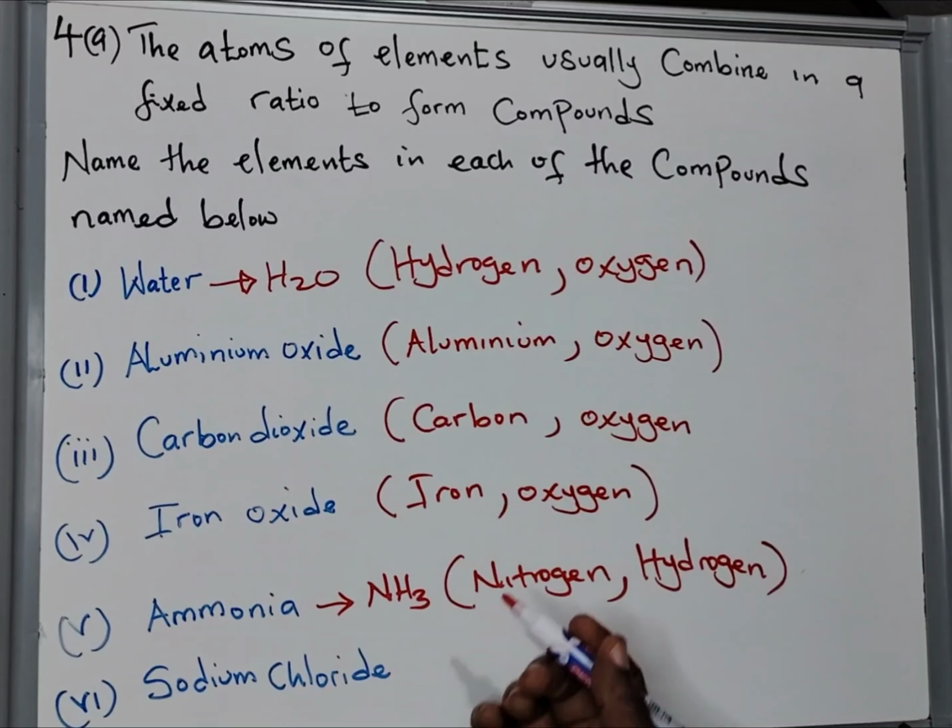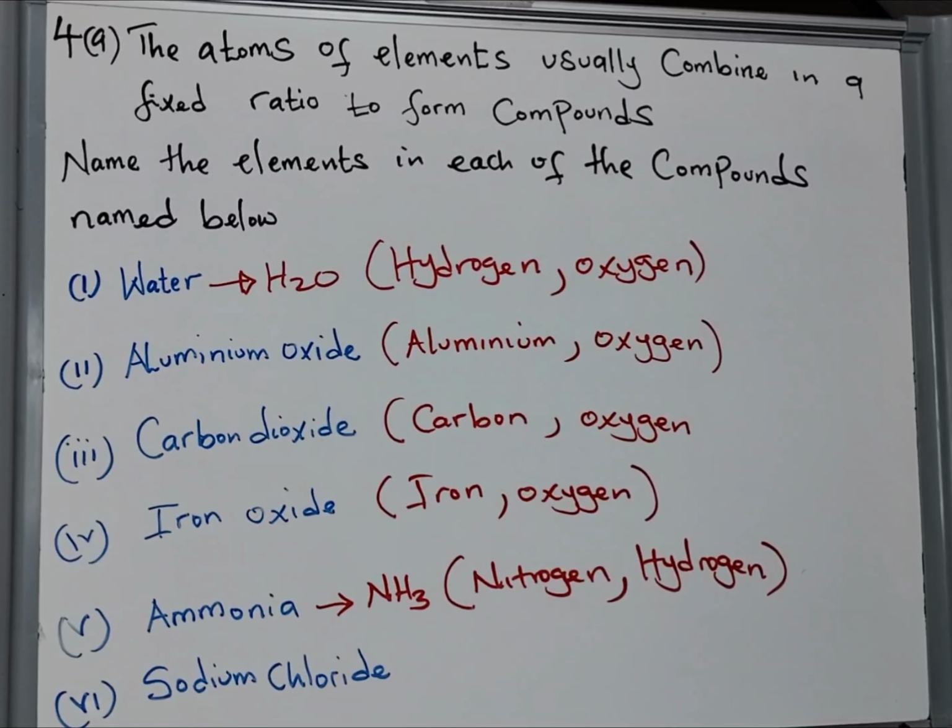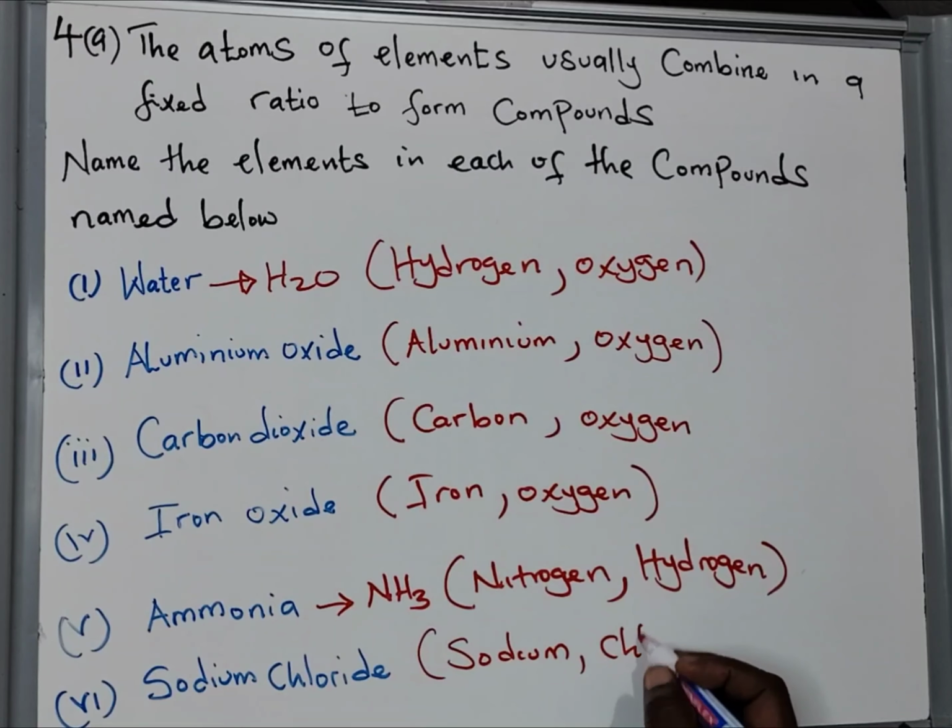So we have also this one. This one is easy because from its chemical name, we can easily tell: sodium chloride. So the elements are sodium and chloride comes from chlorine.